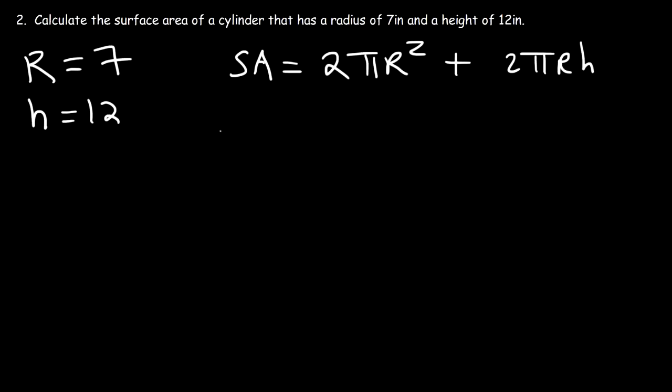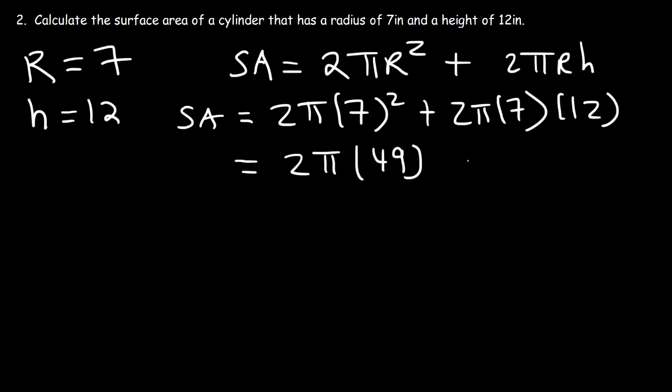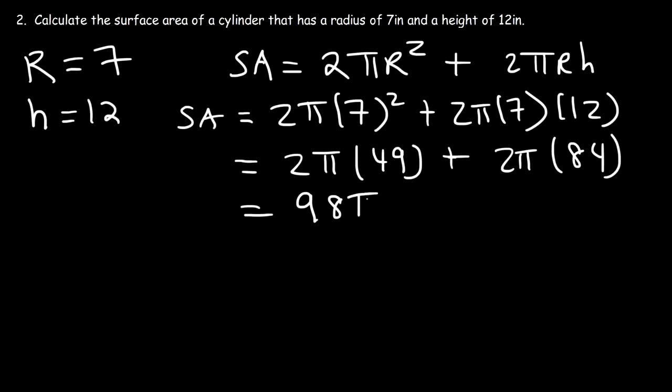All we need to do is basically plug in everything that we have into that formula. So R is 7, and H is 12. 7 squared is 49, and 7 times 12, that's 84. 2 times 49 is 98, and 2 times 84 is 168.